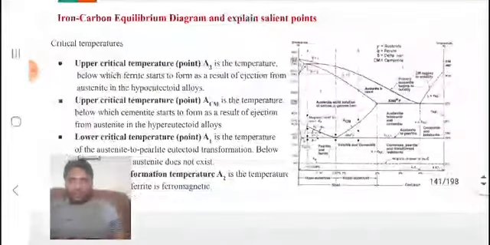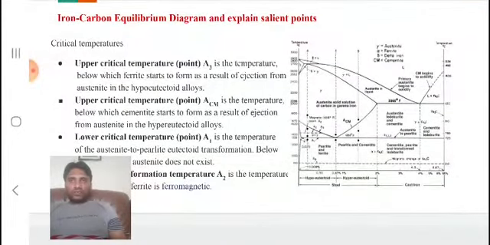The upper critical temperature is the temperature below which these transformations occur. After the A3 line and ACM line, the other important points to be remembered are the lower critical temperature, that is A1 at 723 degrees centigrade, where the eutectoid reaction takes place. This is very important in recrystallization, martempering, austempering or tempering.